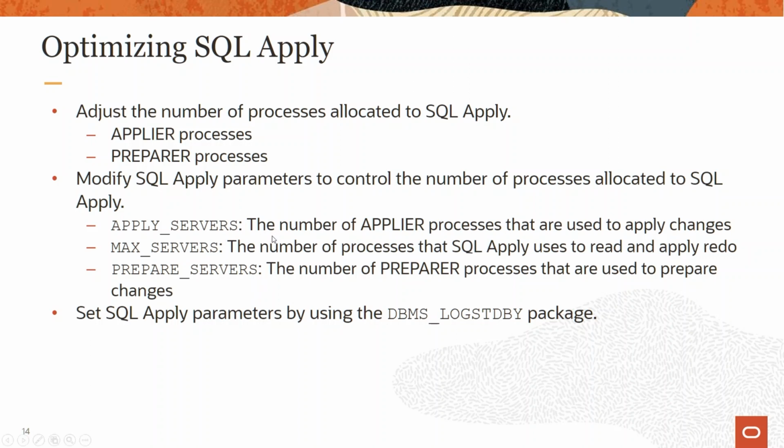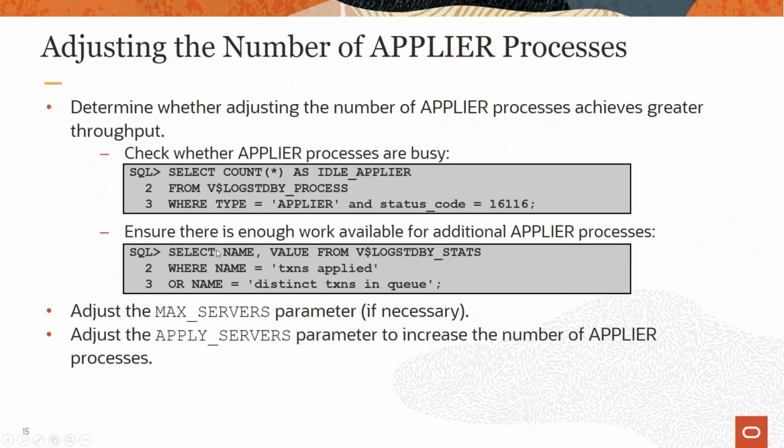Before adjusting the number of applier processes, we have to monitor first, so we can determine whether adjusting the number of applier processes achieves greater throughput. So you can check whether applier processes are busy or not.